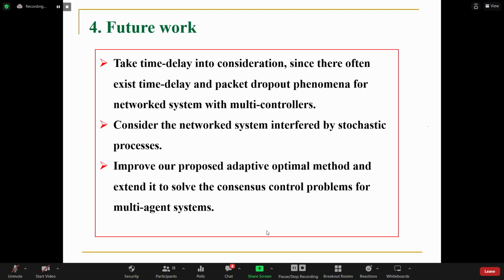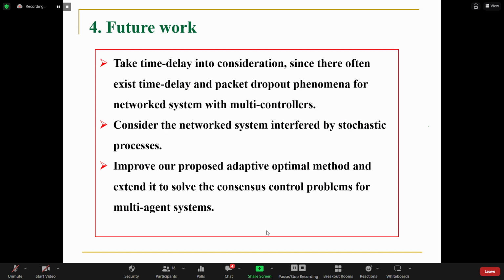Okay. I think it's a good question. In practice, the systems are often interfered by stochastic disturbance. So considering the disturbance is very meaningful. Actually, for nonzero-sum game systems, it's often very hard to deal with the HJB equation because there are not only partial derivative terms, but coupled terms.